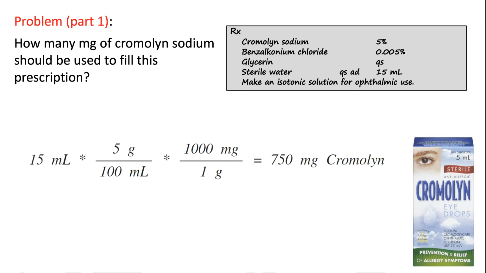So multiply that by 5 grams for every 100 milliliters. Milliliters will cancel and we'll be in grams, but the question wants it in milligrams. So let's also multiply it by 1,000 milligrams for every 1 gram. So the units of grams cancel. And if we do 15 times 5 divided by 100 times 1,000, your final number should be 750, and that is in milligrams of cromolyn. So this prescription calls for us to use 750 milligrams of cromolyn.